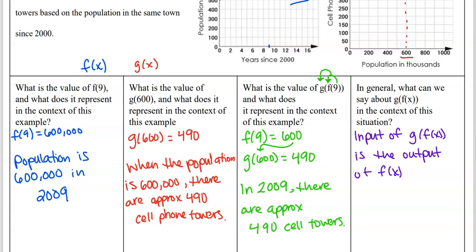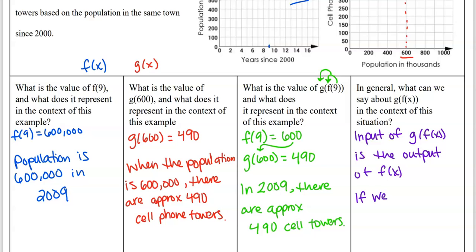We used one to plug in to get to the other. Okay? And remember, that means that they connected the population. So if we know the population during a certain year, I can then find how many cell phone towers are in there in that same year. So that's the context.